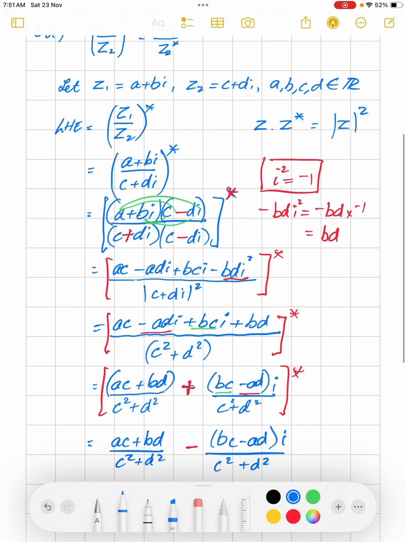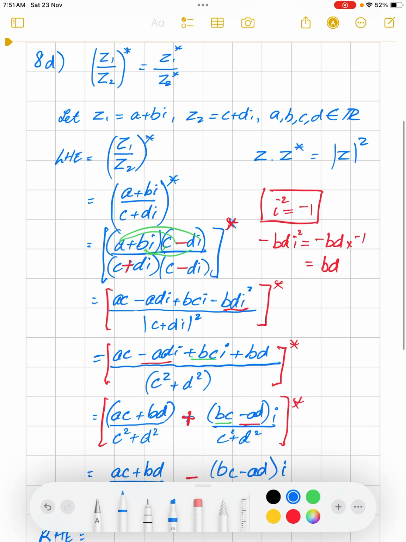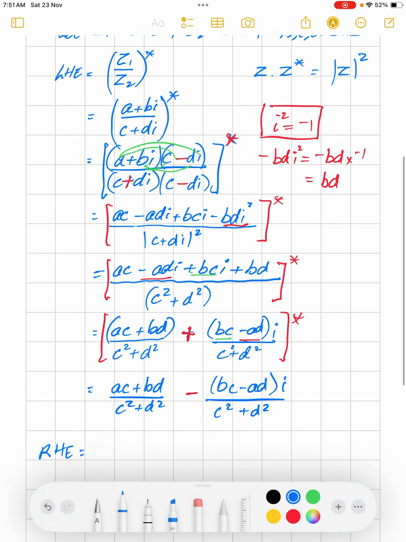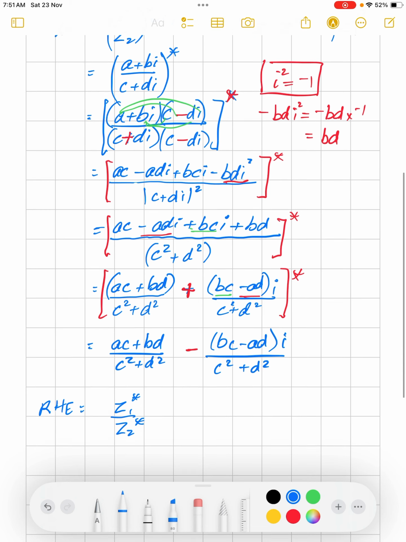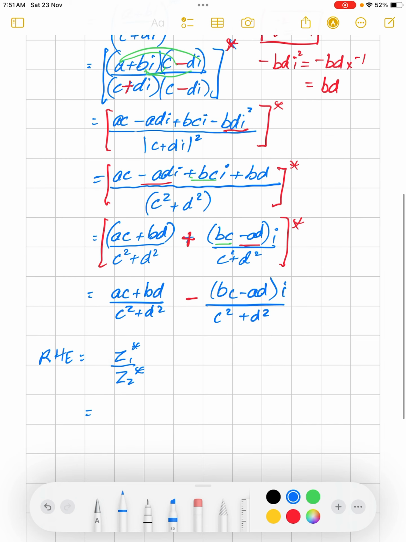And it was the conjugate of Z1 over the conjugate of Z2. So the conjugate of A plus BI over the conjugate of C plus DI.